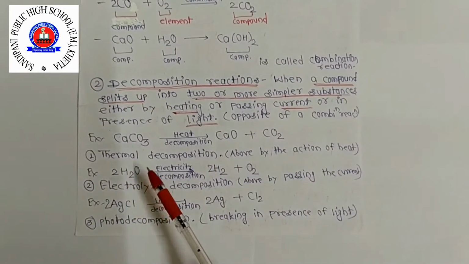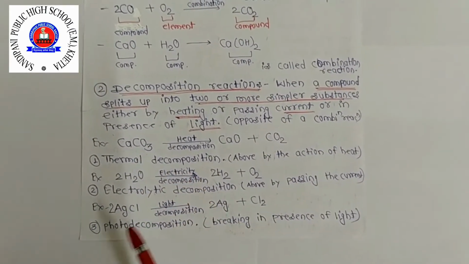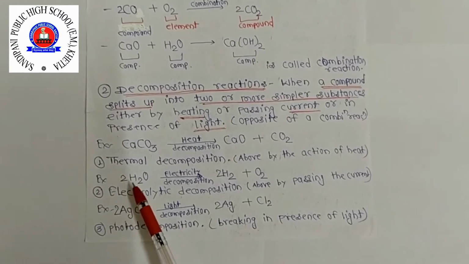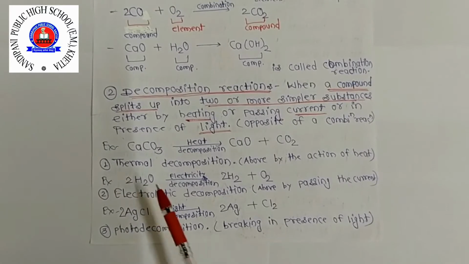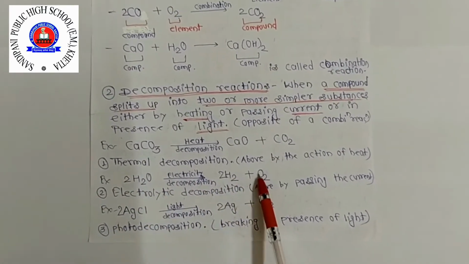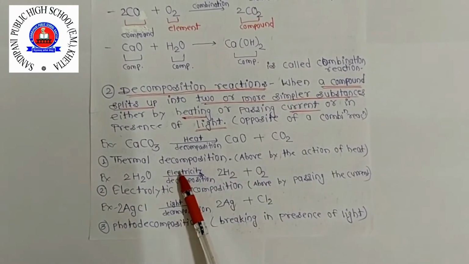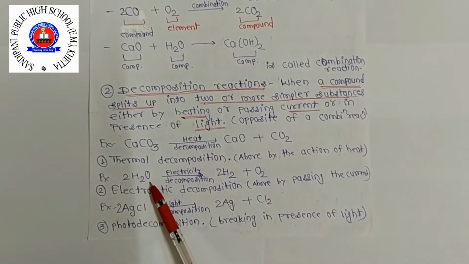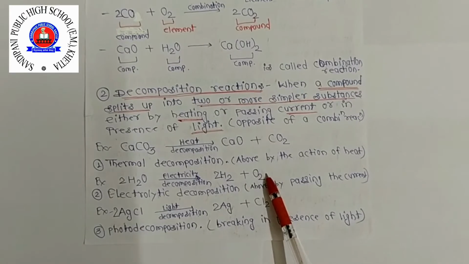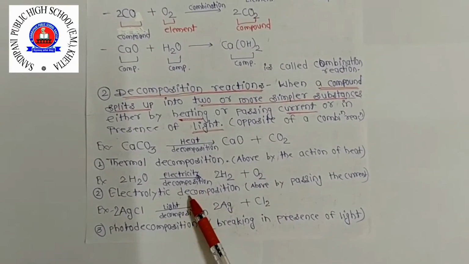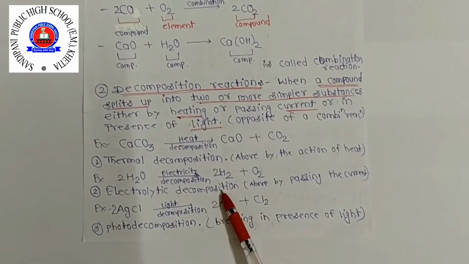The second reaction is carried out by the action of current. In this, when current passes through acidified water, it decomposes into hydrogen and oxygen. This electricity is used to break down water and give two substances, hydrogen and oxygen. So this kind of reaction is called the electrolytic decomposition reaction.